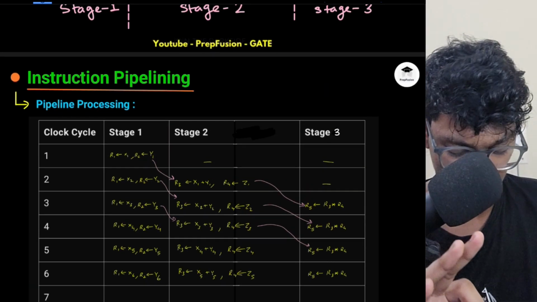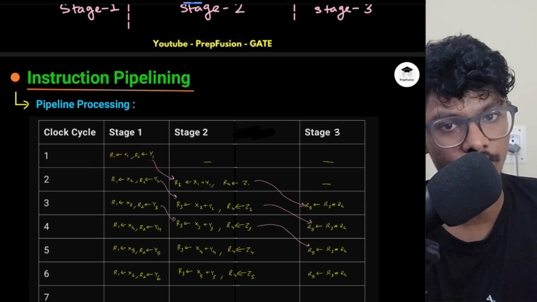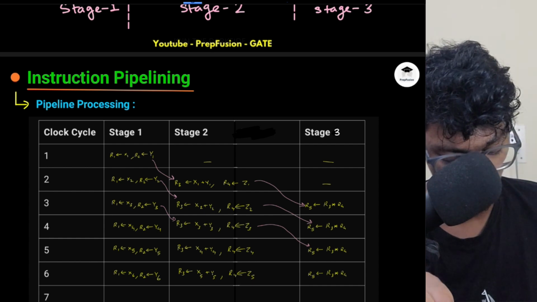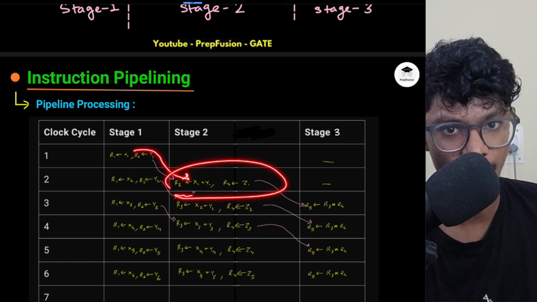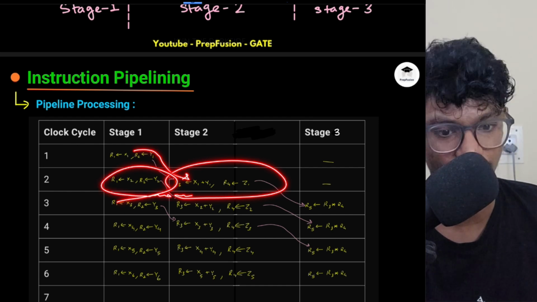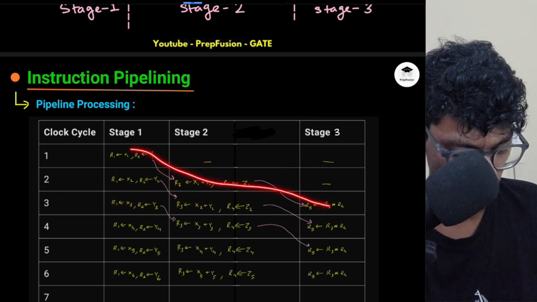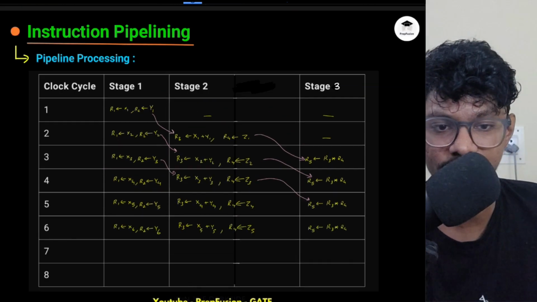That means that each instruction will individually take its own time. Each is independent. I will not do it like this, that stage 2 has this operand, so I will fetch x2 and y2 in stage 1. No, I cannot do that. First the whole thing has to be finished, and only then can I fetch x2 and y2. So each is independent.